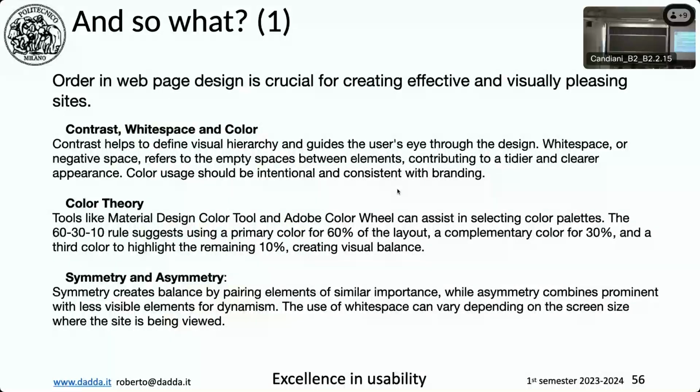And so, ordering can be done with contrast, white space, and colors. You must know the color theory. We have already seen this. You must put together the colors that are okay together and give a meaning. If you put something in red, it should be an alert.